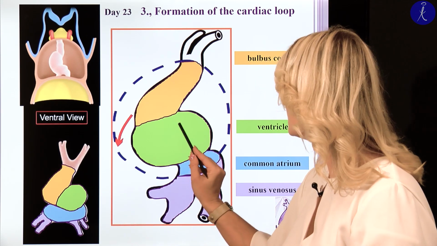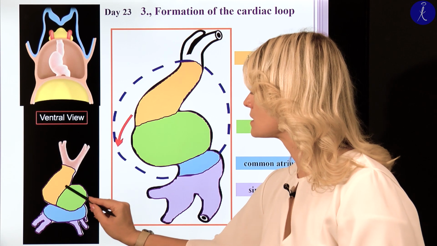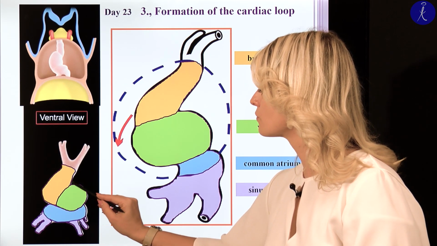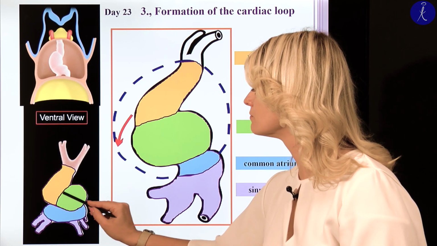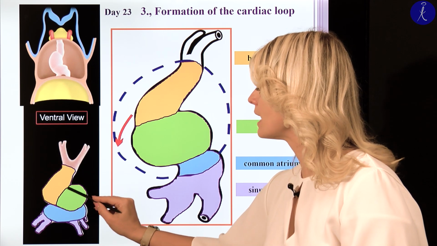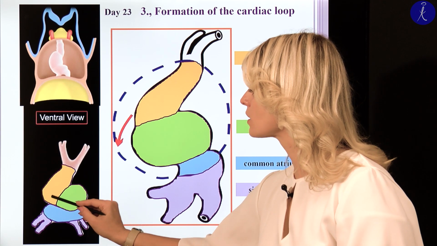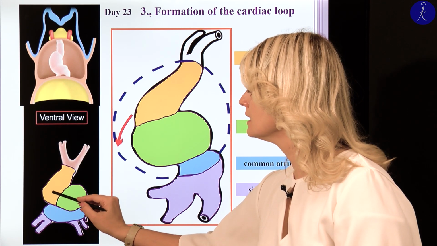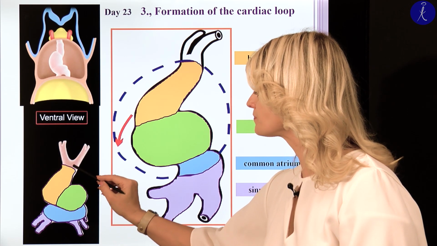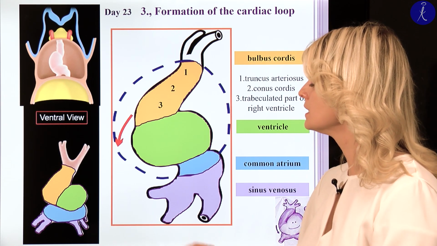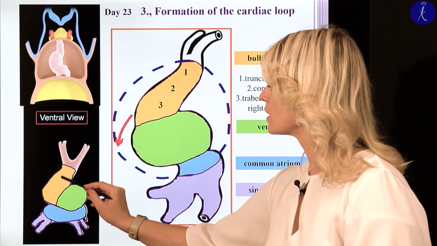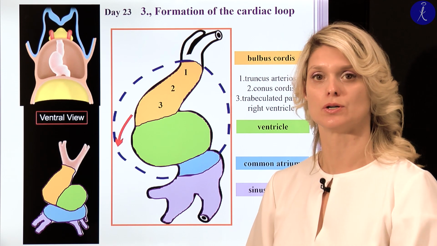Here you can see that the ventricle is located on the left side, so from the primitive common ventricle will be the left ventricle, and the bulbus cordis is located there on the right side. And here we can see the two other parts, the conus cordis and the truncus arteriosus.